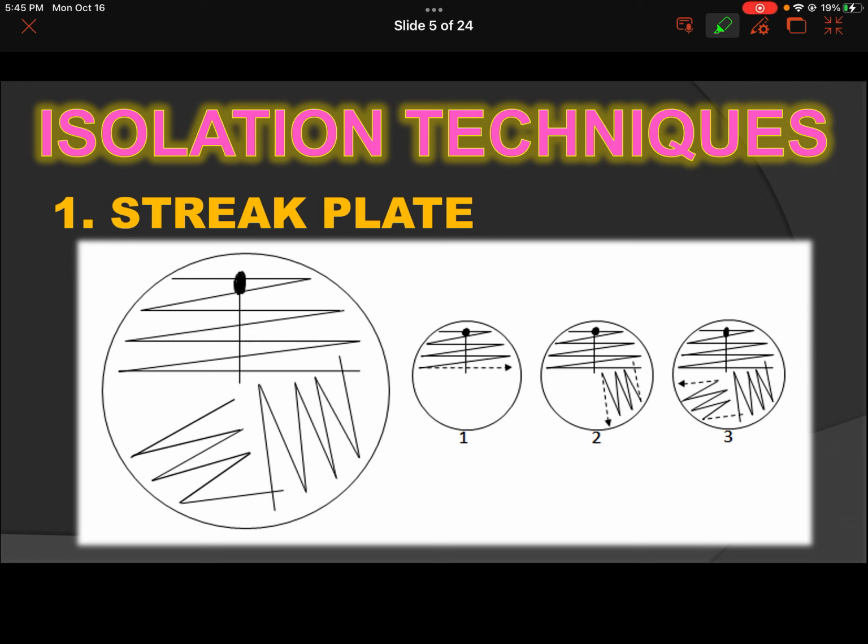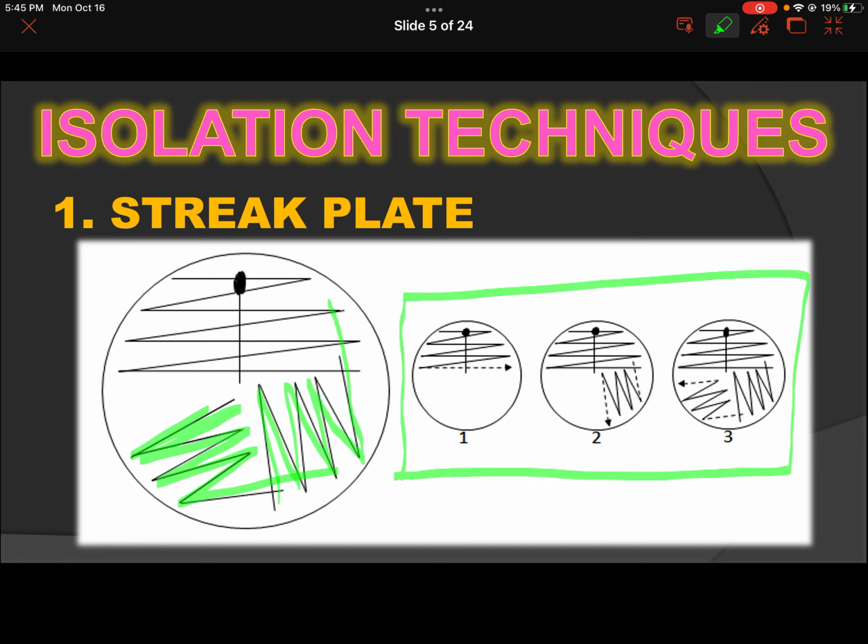That's why you need to make sure that only this portion will be touched, and the rest will not touch that area again. And what do you do next? Do not change the loop when you are going to streak from the second to the third. All you have to do is flip the loop, and then continue streaking. So that is again multiple interrupted streak.